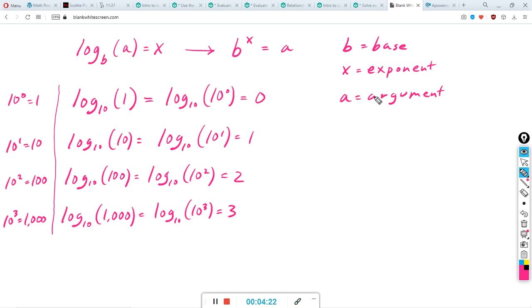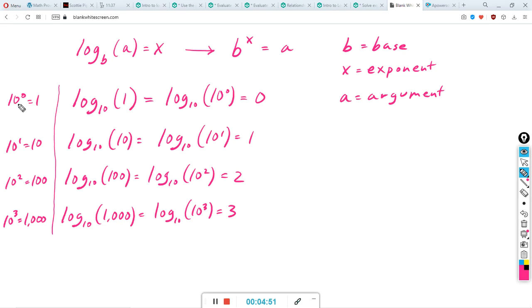So basically, whatever the base is, the base is the small number to the bottom right of the log. Whatever the base is, you're asking about this number in parentheses. You're asking, 10 to what power equals this number right here?